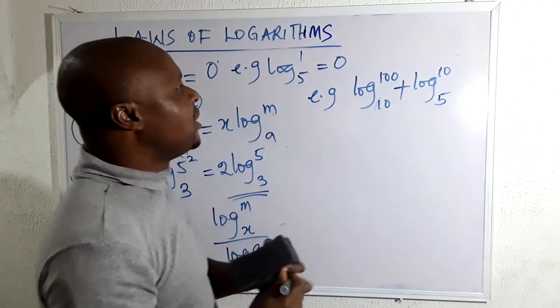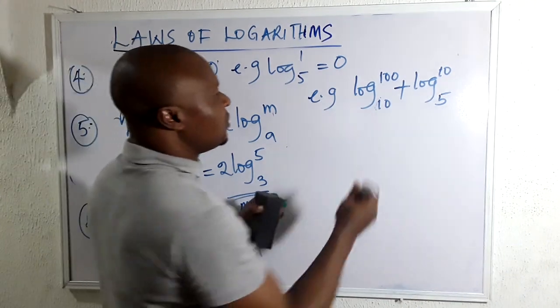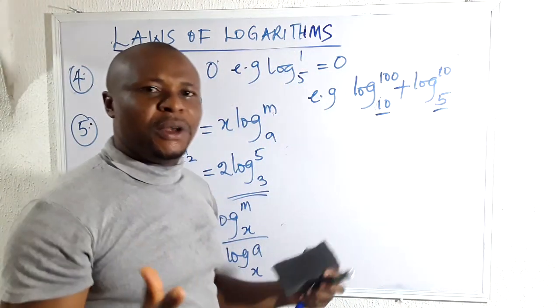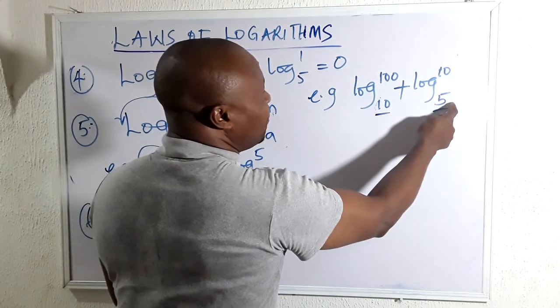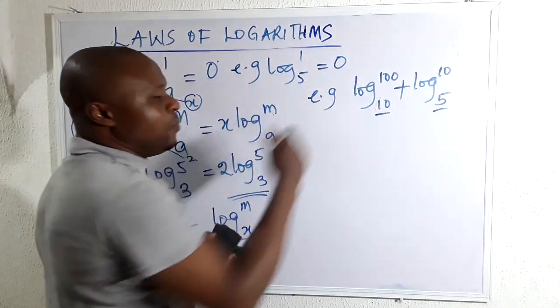We can see readily that if we are asked to simplify this, this base and this base are not the same. So we can either change this base to base 5, or we can change base 5 to base 10.